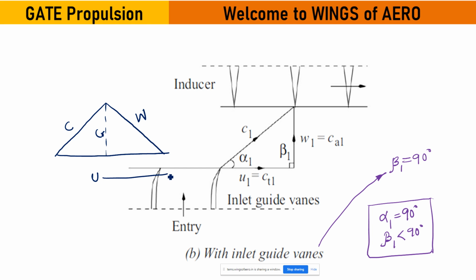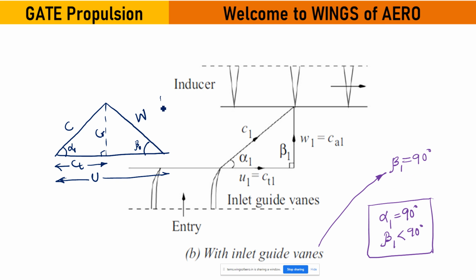This is the complete U. This one will be your CT. Now what I have said: this is beta 1 and this is alpha 1, right? If I'm using inlet guide vanes, what happened? Beta 1 will be 90 degrees.